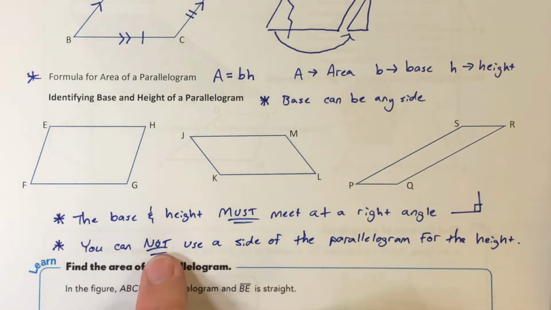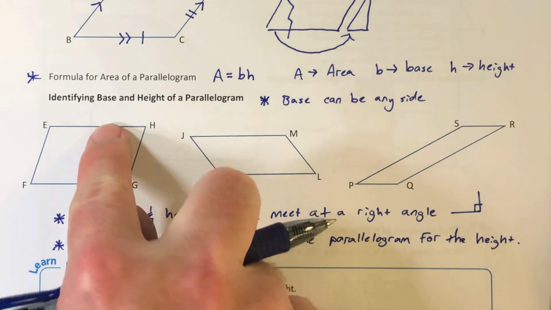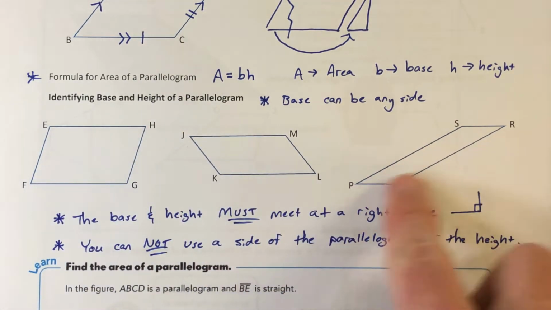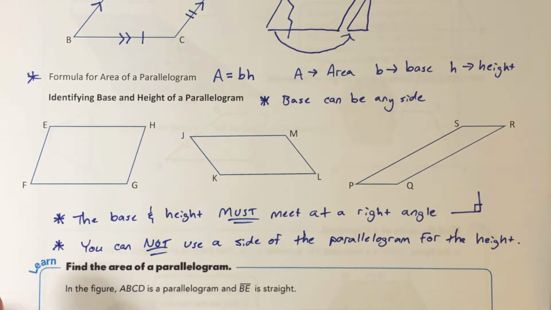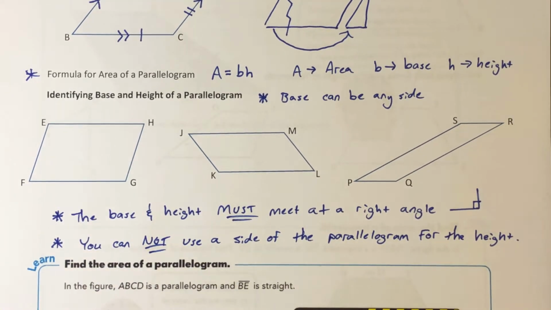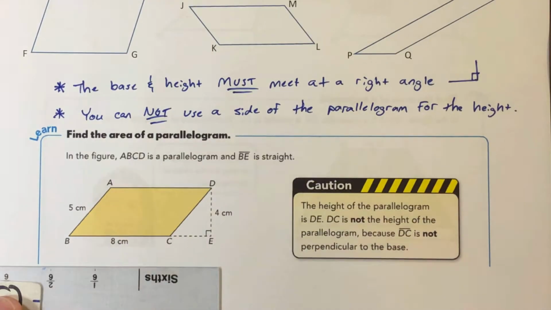Again, you cannot use any side of a parallelogram for the height. Why? Because they don't form right angles with the base. What does that mean? You're going to have to draw in your height if you're identifying it that way, or you have to look for a right angle if you're going to identify it if it's already there.